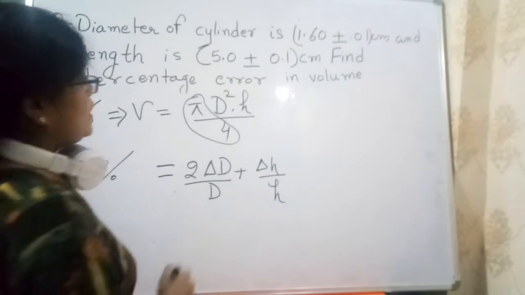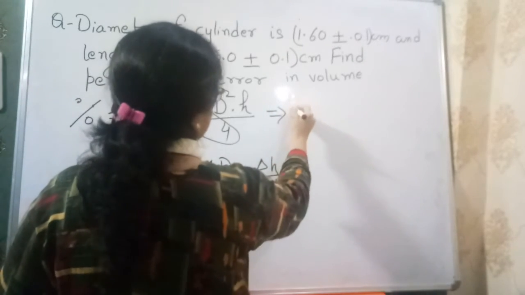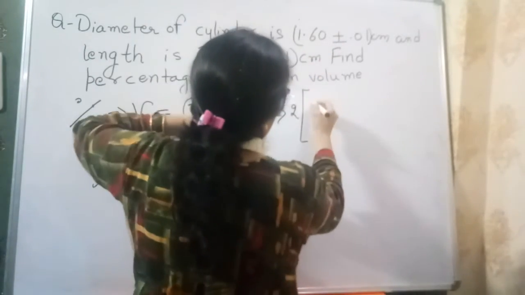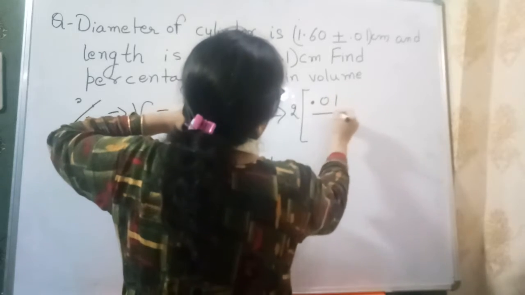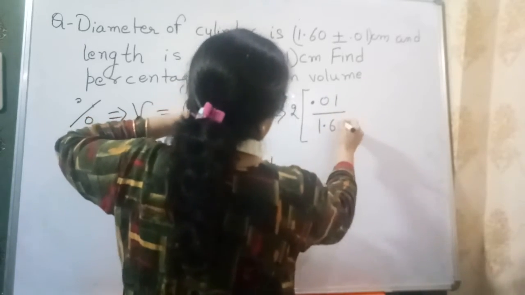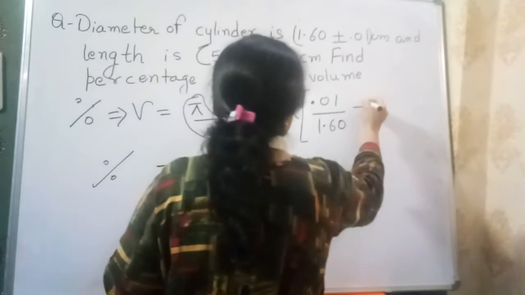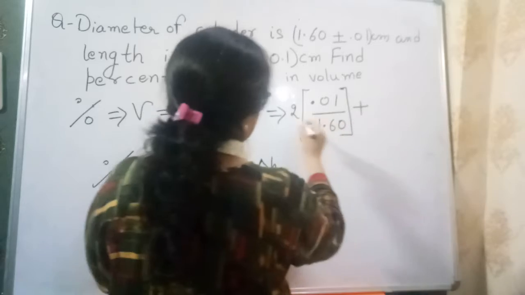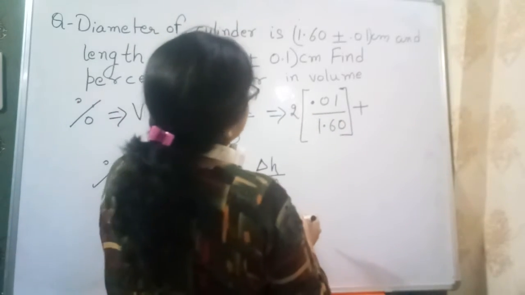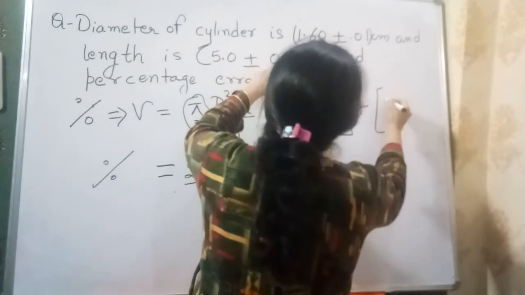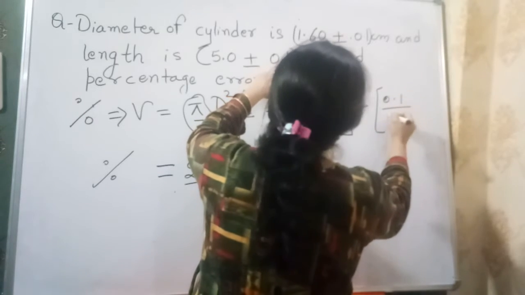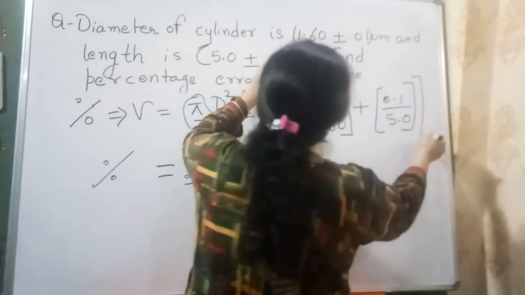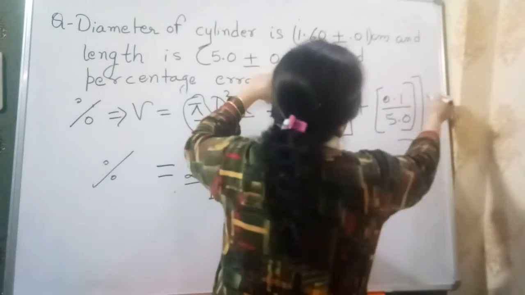Just listen. Here we solve them: delta d, that means 0.01 over 1.60. Clear? Plus, you just close it because it is multiplied by 2, and delta h, that means 0.1 over 5.0, and each quantity gets multiplied by 100.